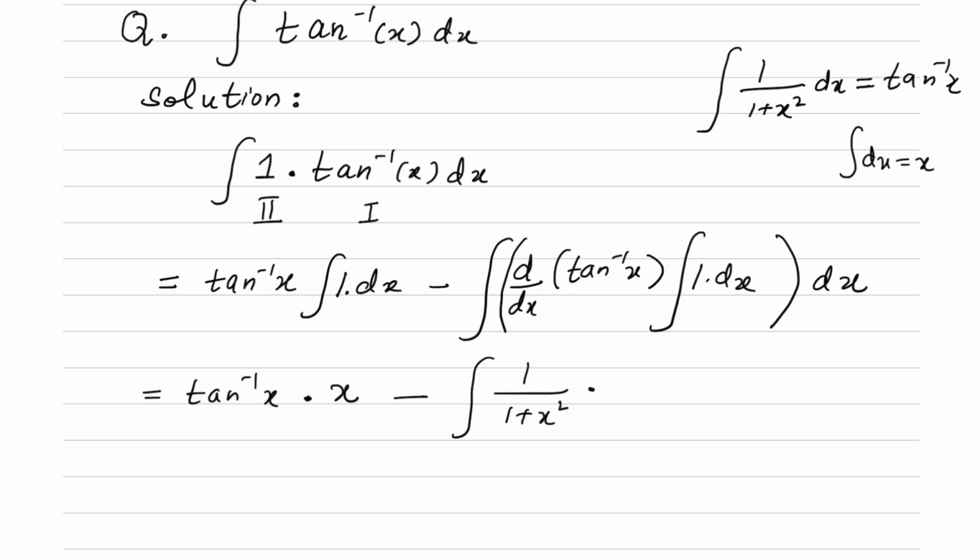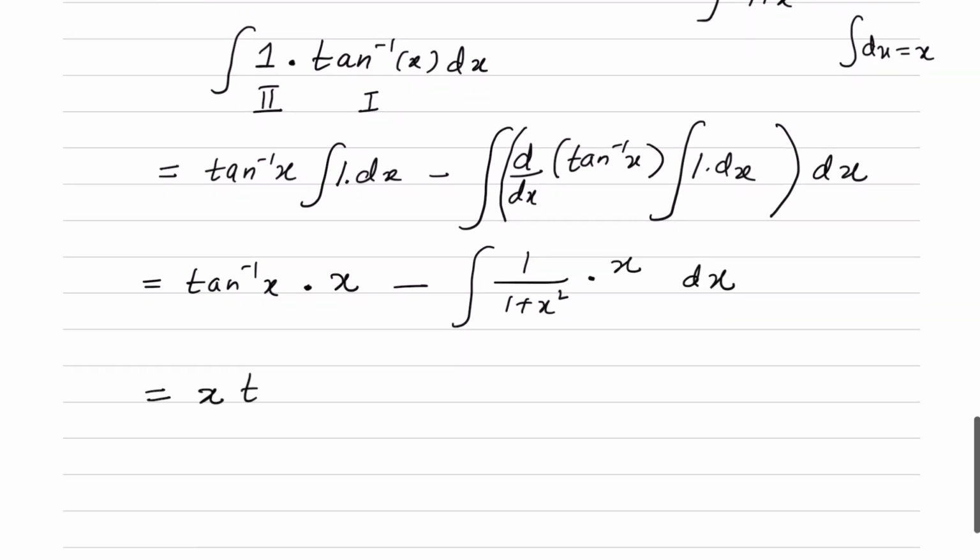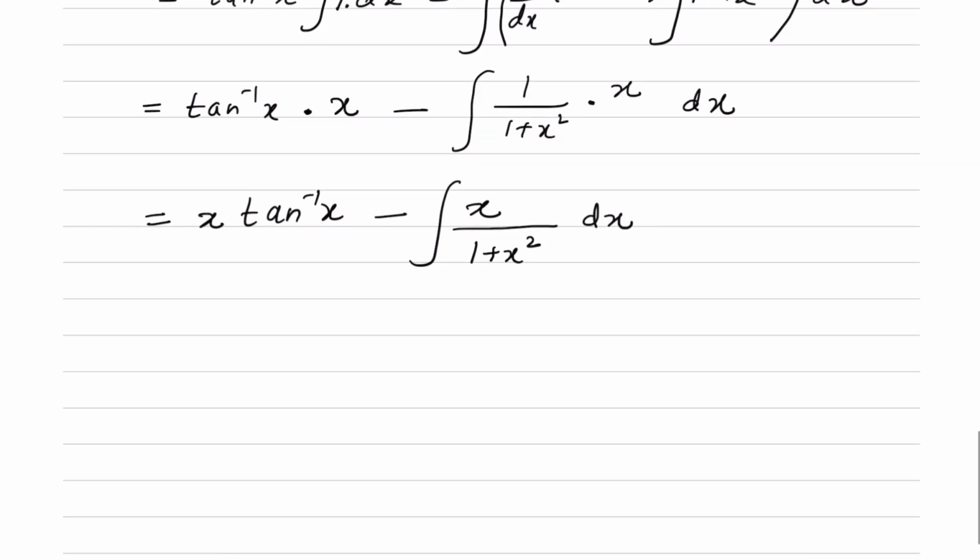Integration of 1 with respect to x gives you x, and dx. x into tan inverse x minus x over 1 plus x square dx. Now let's solve this integral separately. x over 1 plus x square dx.